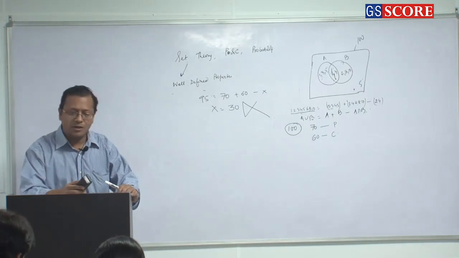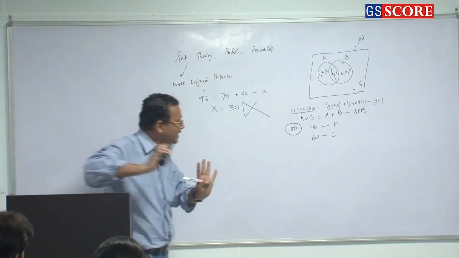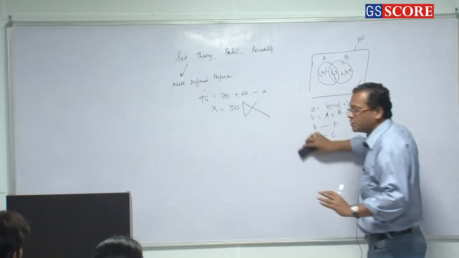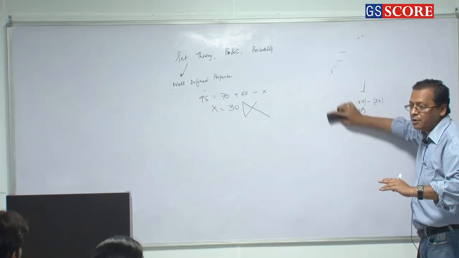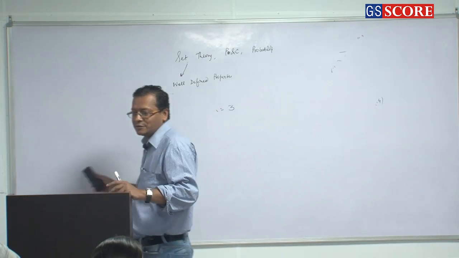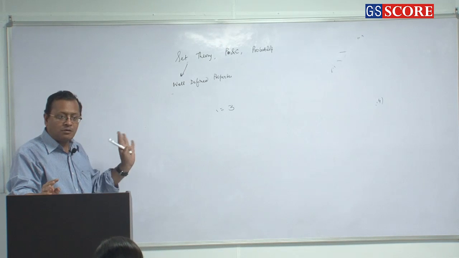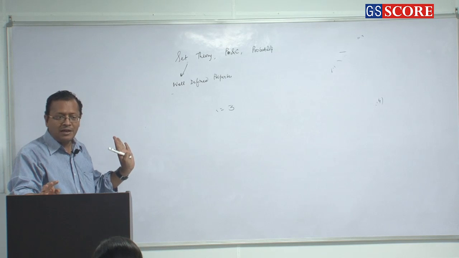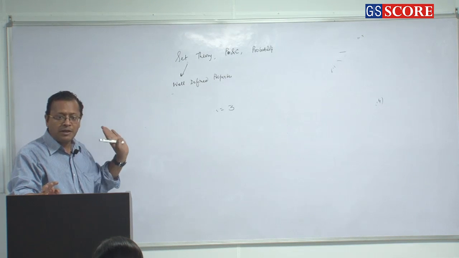Yes, assume correct है, no problem, right? लेकिन देख लेना वहाँ पे क्वेश्चन क्या पूछ रहा है. एक ही वेन डायग्राम को आप you can represent it in n number of ways depending on what is the question that is asked over there, right? Now generally when I solve questions of Venn set theory, I don't take the formula part, I just draw the Venn diagram properly, my question is solved.